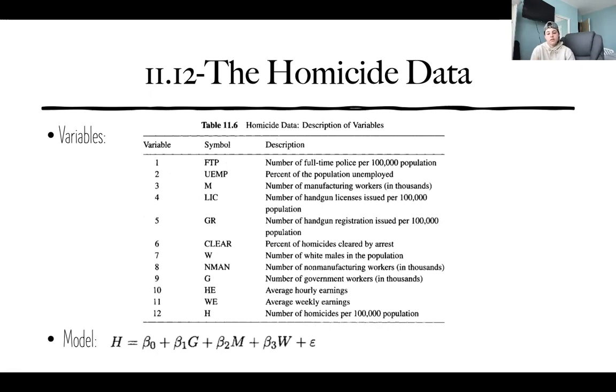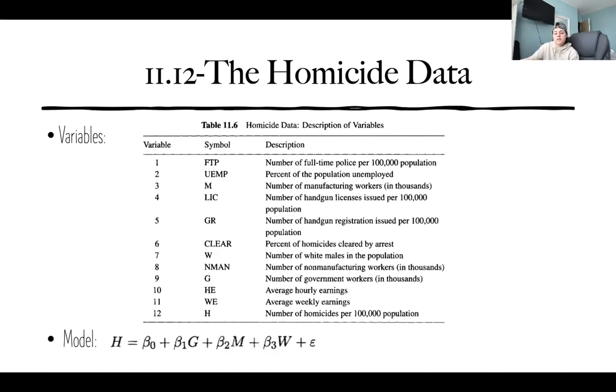The purpose of this example was to show the danger of mechanical variable selection procedures in collinear situations. The model they used for this case is represented by H for homicide, and that is going to equal beta sub 0 plus beta sub 1 times our G variable plus beta sub 2 times our M variable plus beta sub 3 times our W variable plus epsilon.